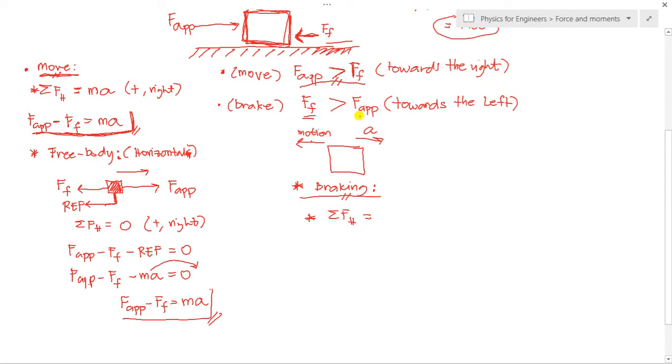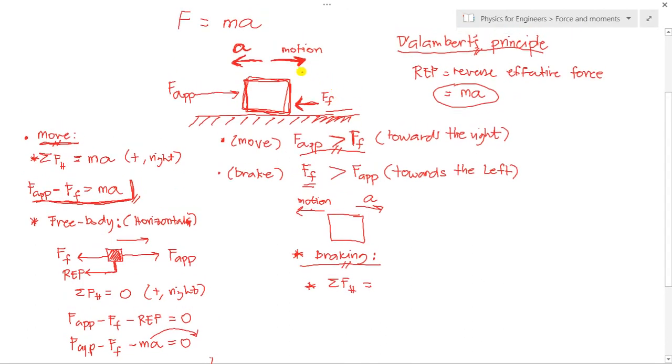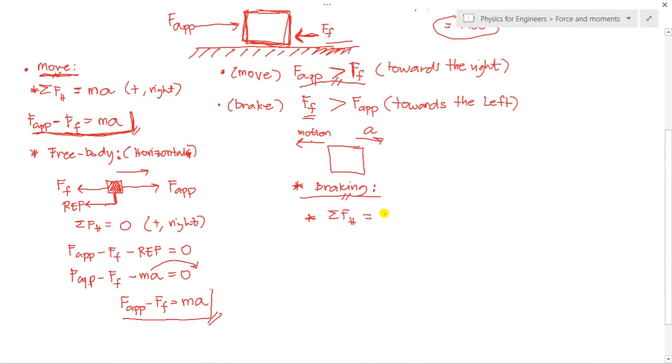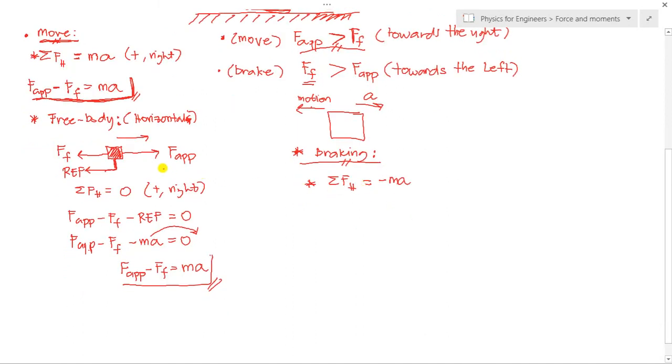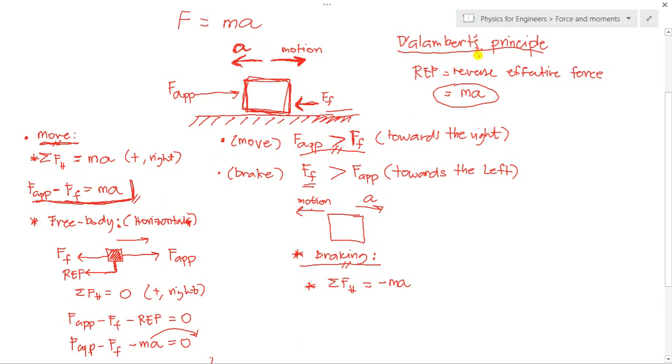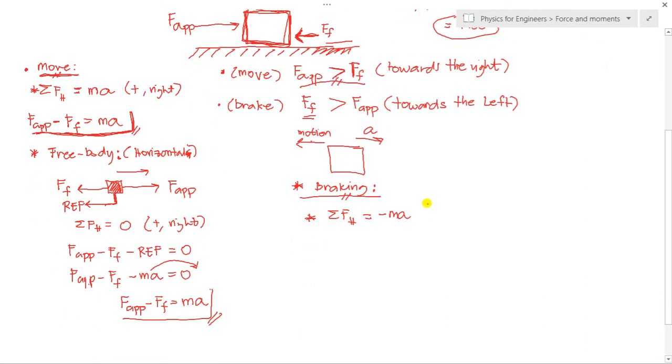Since you applied the brake, class, if you still consider the first method, it means your acceleration is negative, negative mass times acceleration. Since you are braking, it becomes negative, because negative means it is opposite to the direction you assumed for your motion. So if you do not consider it, class, you will arrive at a wrong answer. So it is better to apply what we call D'Alembert's principle, the reverse effective force. Because with it, class, you can be sure to arrive at the exact equation.